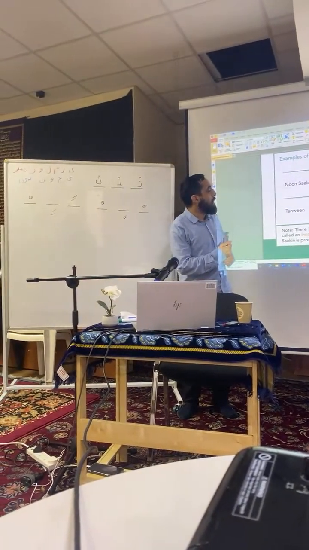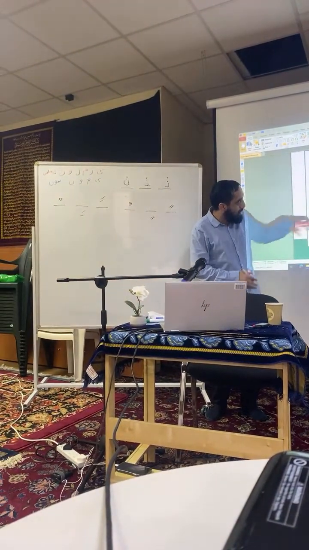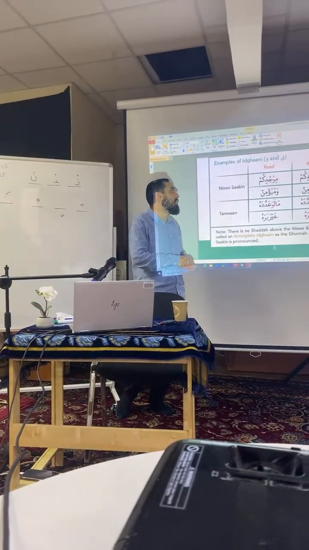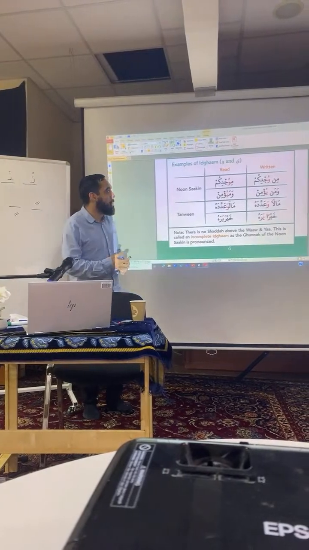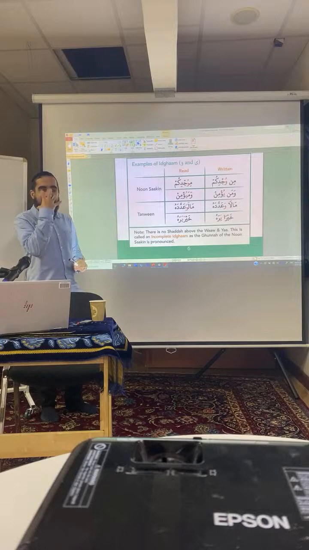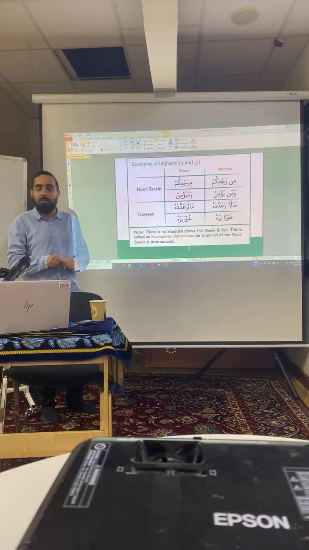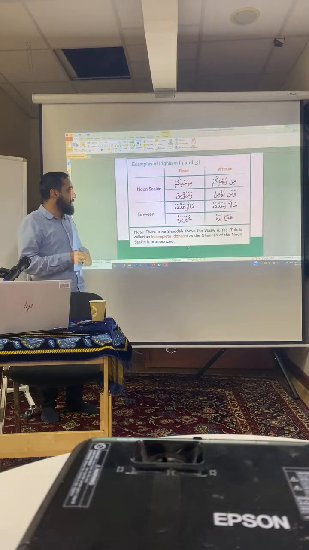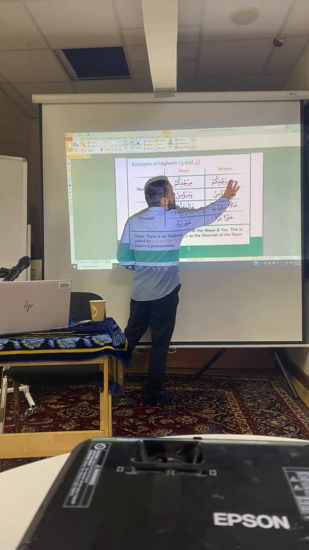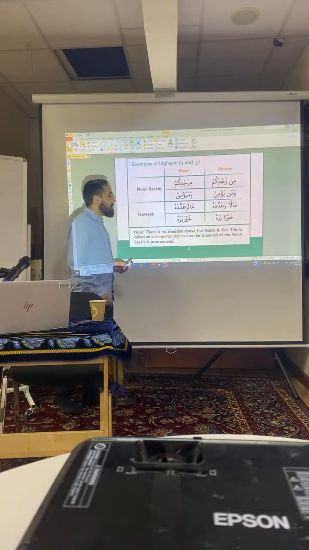So we know that in this case we need to perform idgham with ghunna. Idgham with ghunna is very straightforward. As you pronounce that wav, you would hear that nasally sound in the nasal cavity. The important bit is drop the noon, don't pronounce the noon, and you join the mim to the wav.